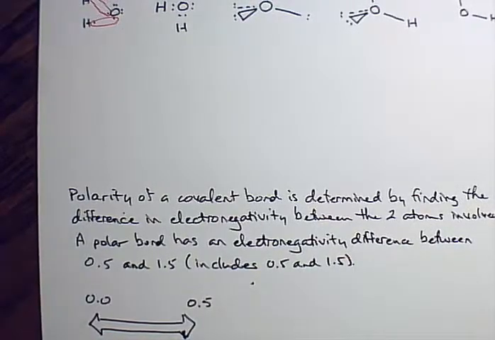The definition of electronegativity was given to you in Unit 2. So go back and look at that, okay? So this range right here is going to be our nonpolar range.